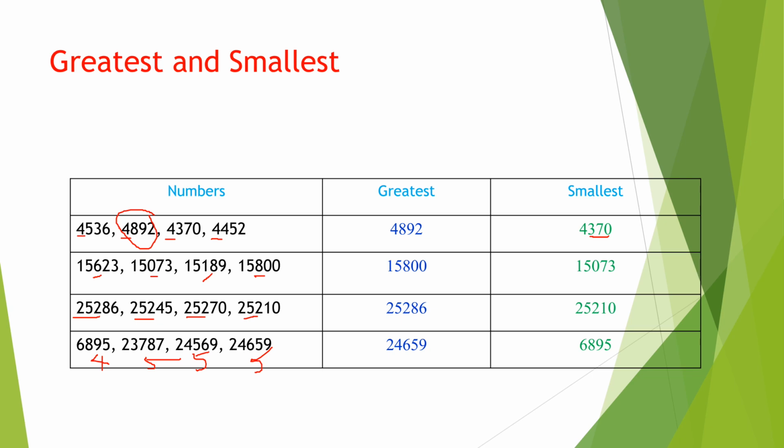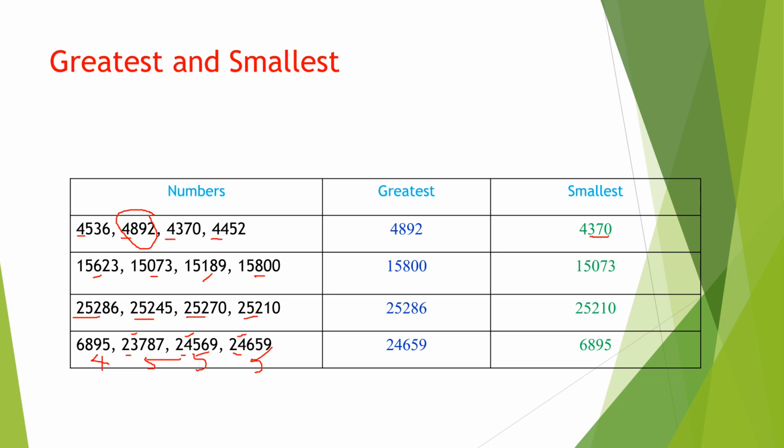Here it is 2, here it is 2, here it is 2. So in all 3 cases, the digit is 2. So move to the next position, that is thousands place. Here it is 3. The second one, the thousands place digit is 4. The third number, the thousands place digit is also 4.